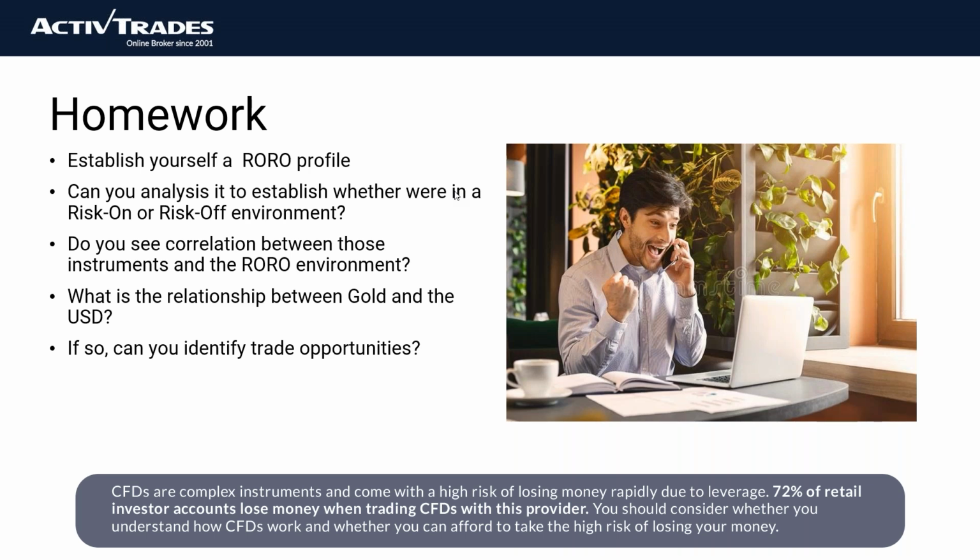And also understand what is the relationship between gold and the US dollar, and I'd also include oil, West Texas oil. And if you are able to establish the environment and the correlations and relationships, can you also identify trade opportunities? Are they showing up for you?